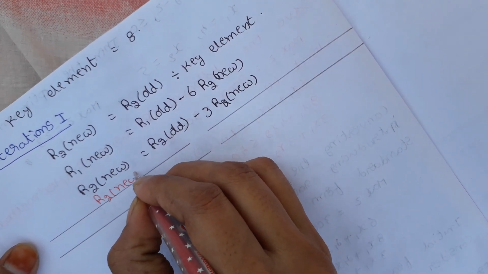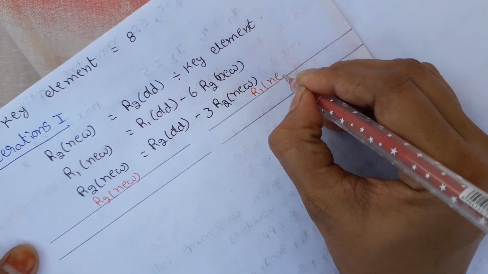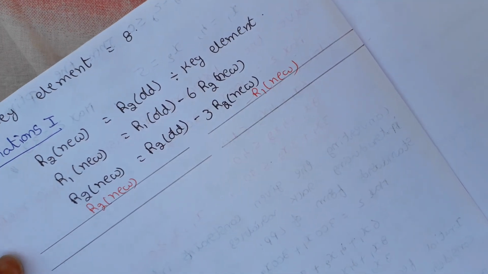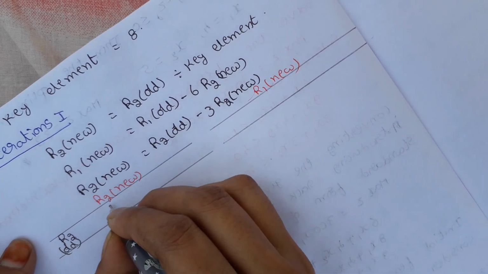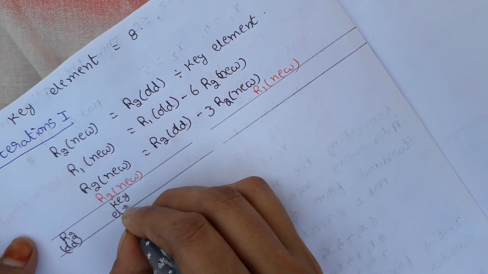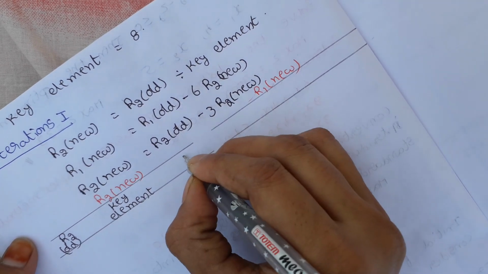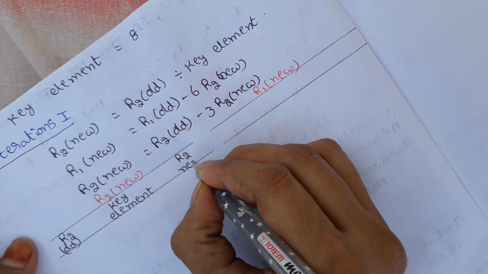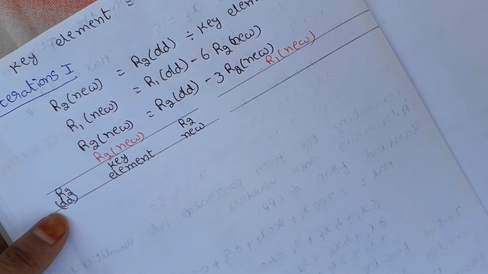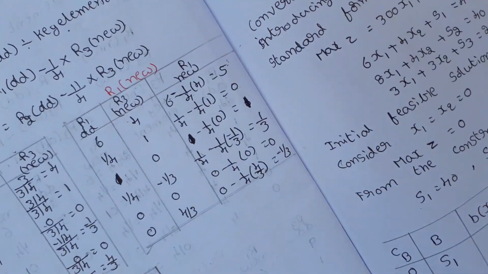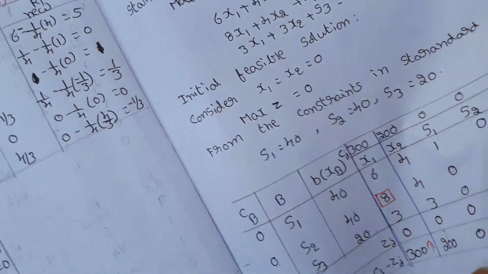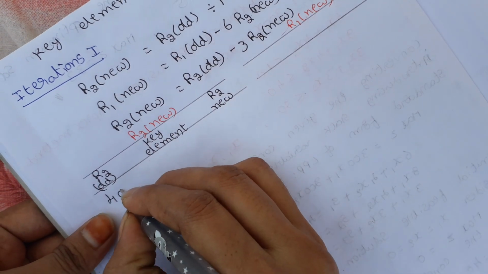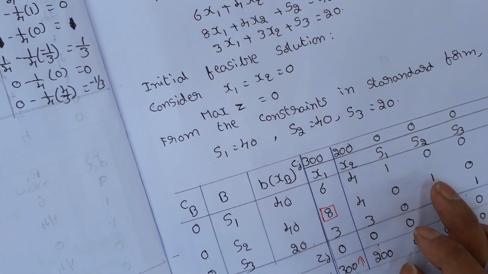R2 new, here R1 new. Now for R2 new, here R2 old, key element, and the last one is R2 new. Now what are the values of R2 old? See here, R2 old is 40, 8, 4, next 0, 1, 0.